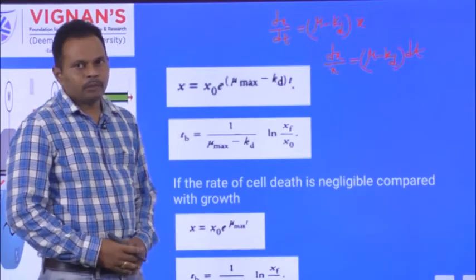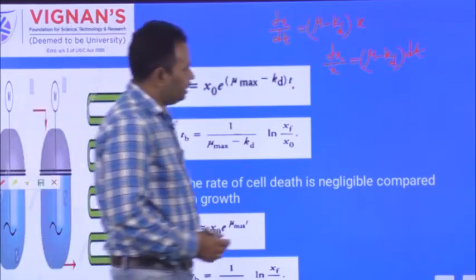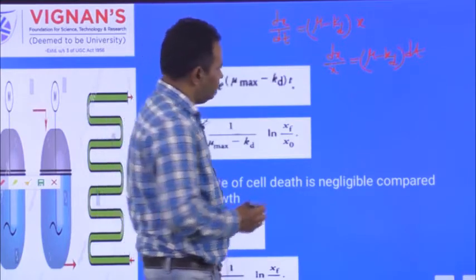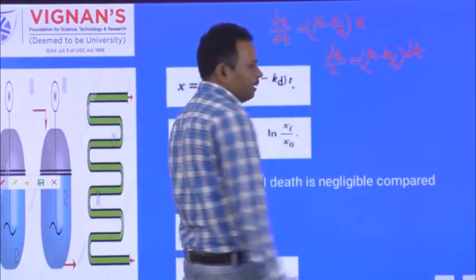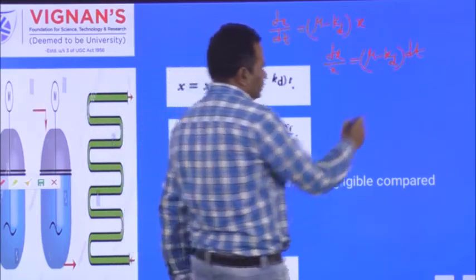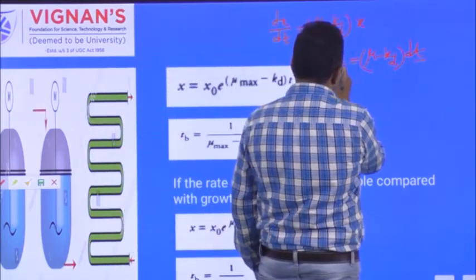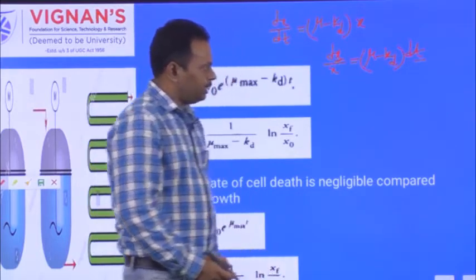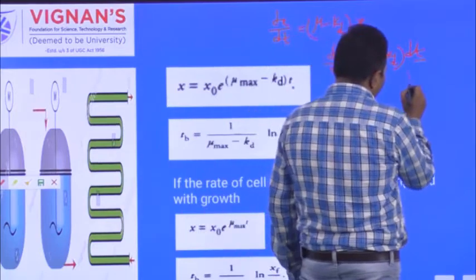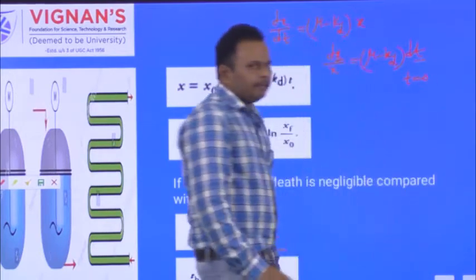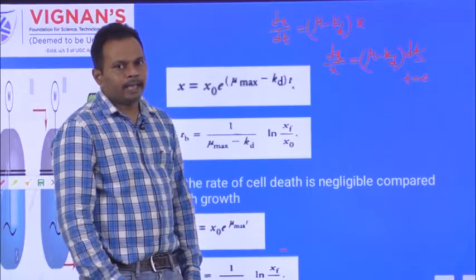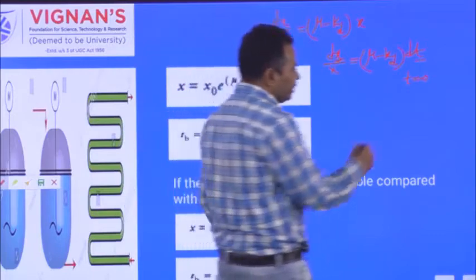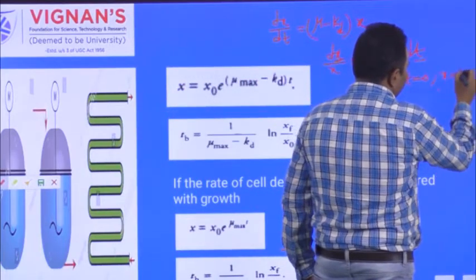Integrate this equation on both sides for boundary conditions. On the left hand side we have the x limits, that is the cell concentration limits. On the right hand side we have the time limits. At time t is equal to 0, before the start of the biological reaction, the cell concentration is nothing but the inoculum concentration, x equal to x naught.